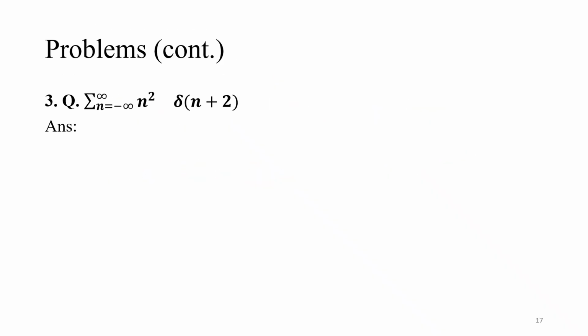Next. So third one is summation of n square del of n plus 2. Here also check the limit. n plus 2 equal to 0 means n equal to minus 2, I will get del of n plus 2 is equal to 1. Minus 2 exists in the range here. So we put n as minus 2, so it is minus 2 whole square.